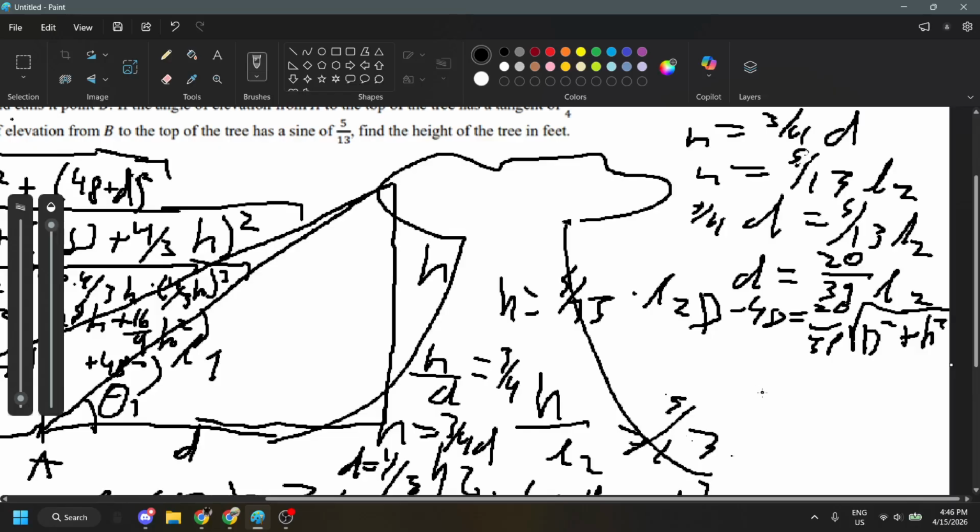Never mind, because we still have to expand that even when we square both sides.